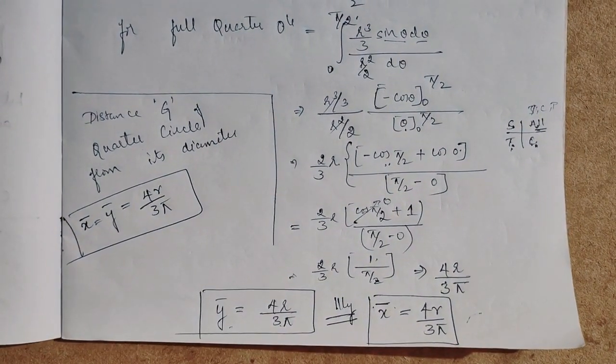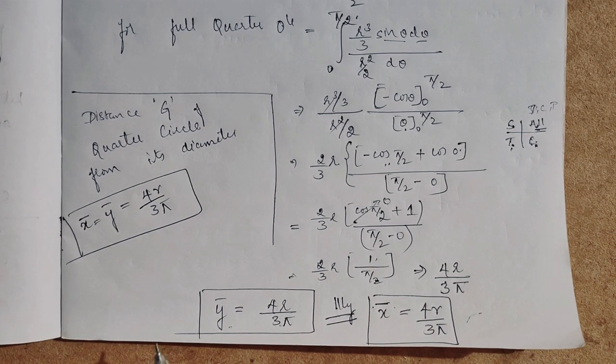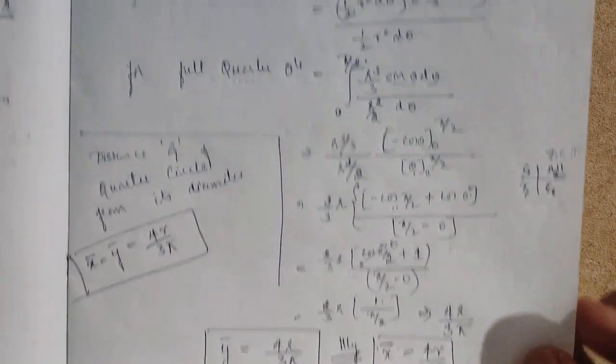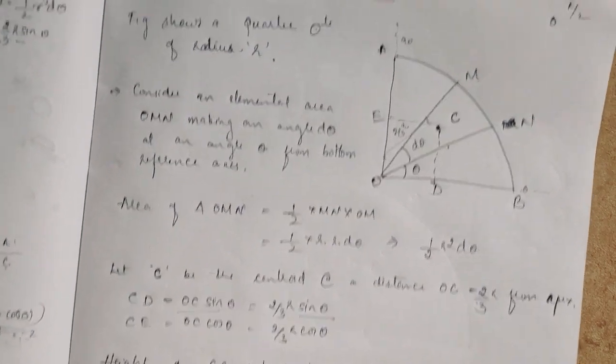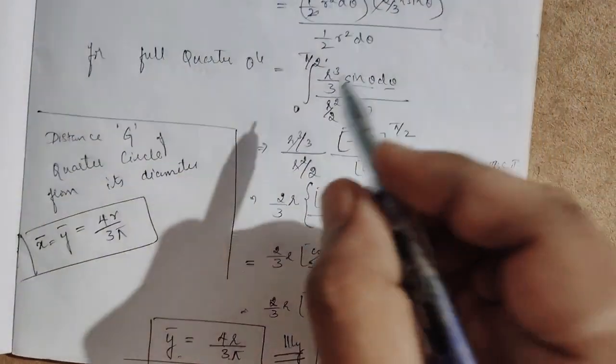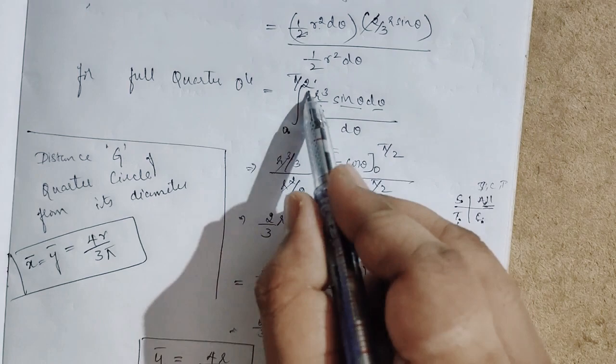Remember this, both x bar and y bar will be 4r by 3 pi, so it will be helpful in our problem. Okay, same, nothing is changed, all the procedure is the same except the integration.